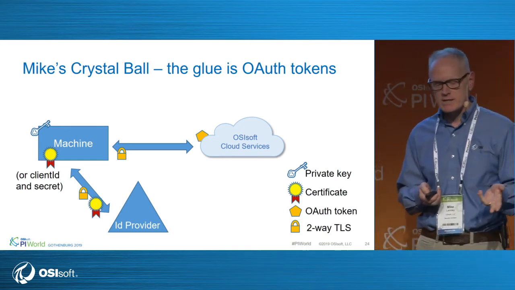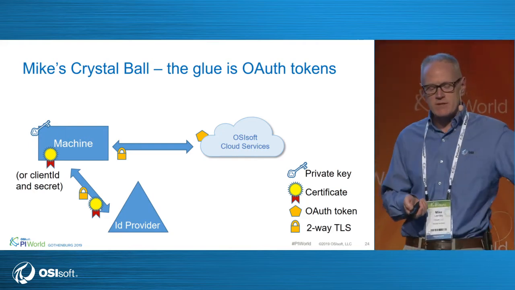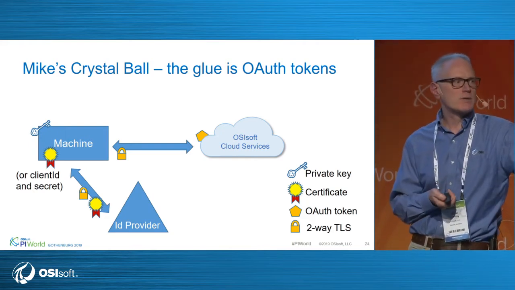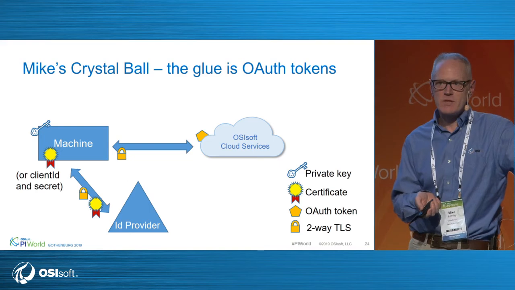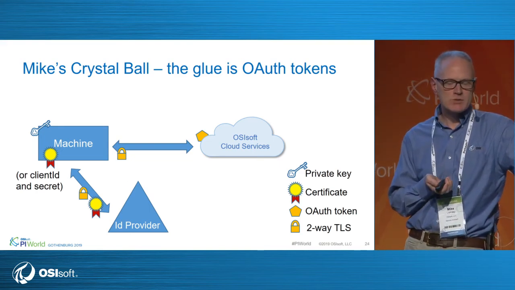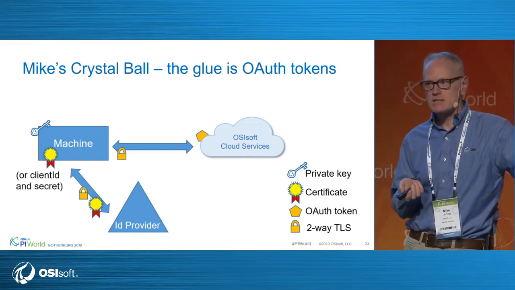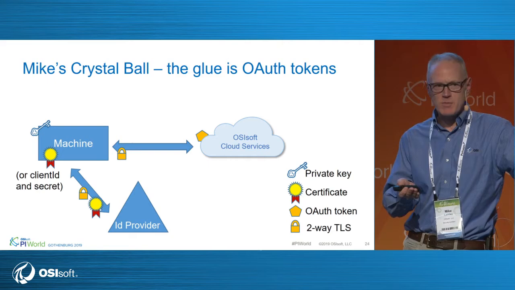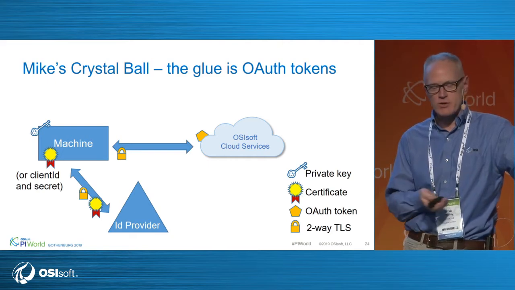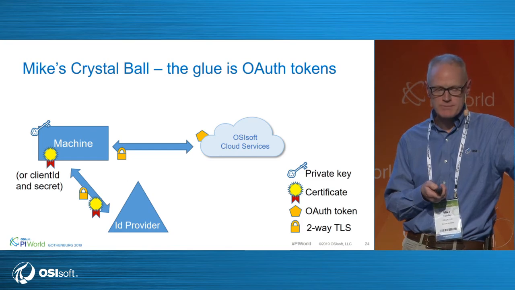The only other thing I didn't talk about was the private key, which is represented on the screen. And the reason I left it there is to point out that the private key never left the machine. And that's one of the things that makes certificate-based authentication much better than client ID and secret, which is good, but we're always looking for better in security. And that's why we're hoping to plan for this better future.